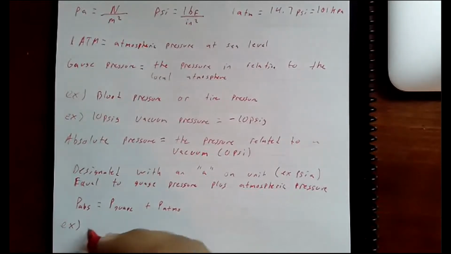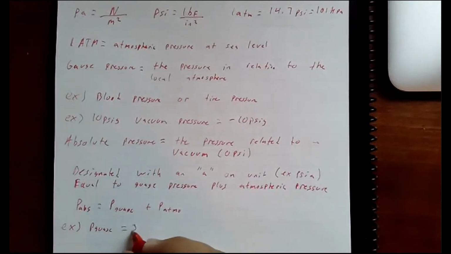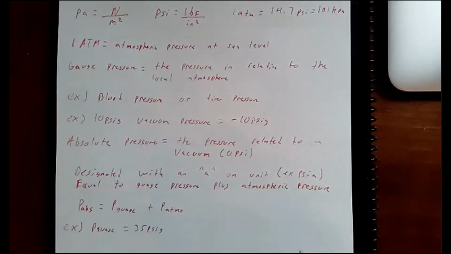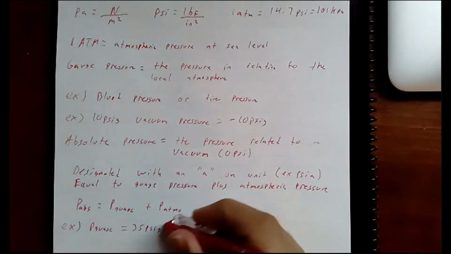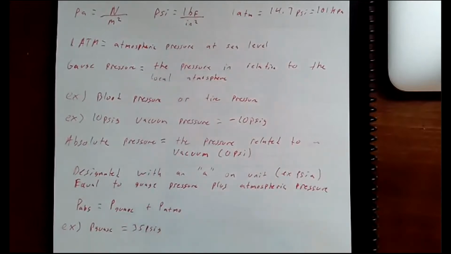Okay. So for example, let's say you have a P gauge equal to 35 psig, right? You would have to add the atmosphere that we're in. That would be equal to, hold on a second, 35 psi on the gauge.